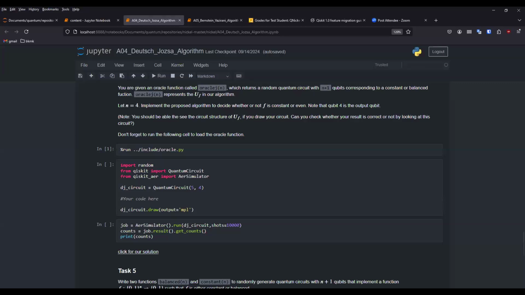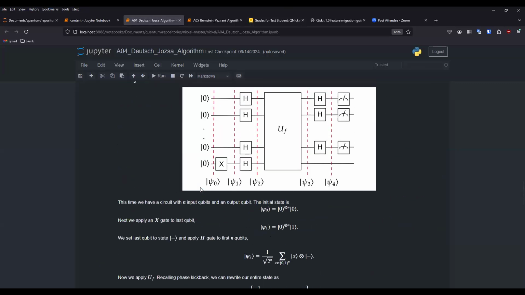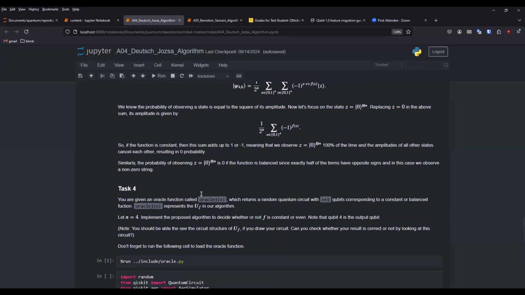Welcome back. We can get to some coding. We are given a DJ circuit, from Deutsch-Jozsa, not the profession, which has 5 quantum registers and 4 classical ones because we won't need a measurement on our last qubit.